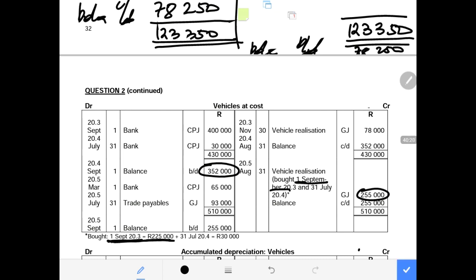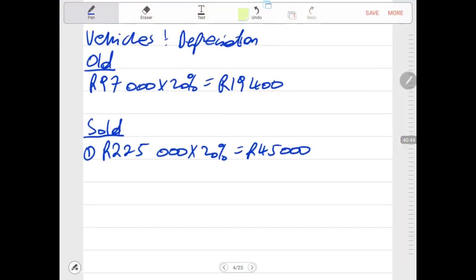So it was bought 1st September 2003, meaning it was there from the beginning of the year 2004, the full year. Then we are doing the year 2005, so this is 12 months, meaning it was bought at the beginning of the year. So now we can say 225,000 rands times 20%.